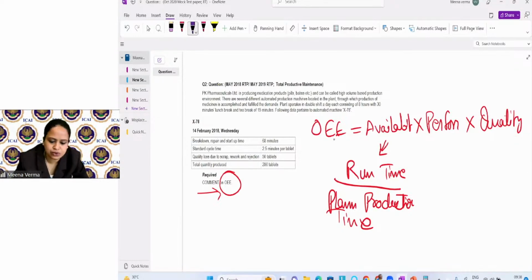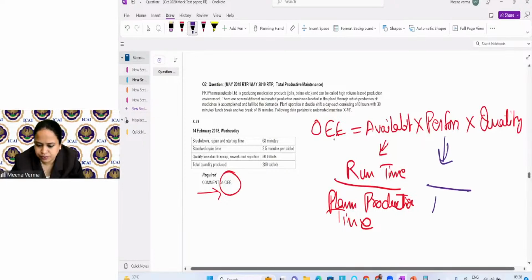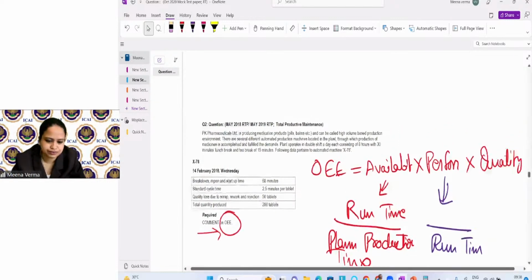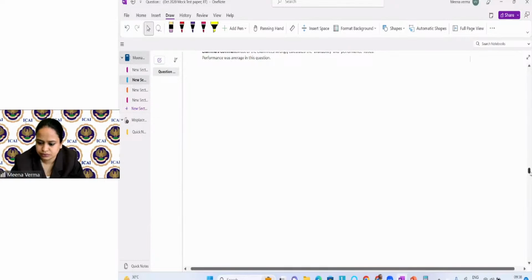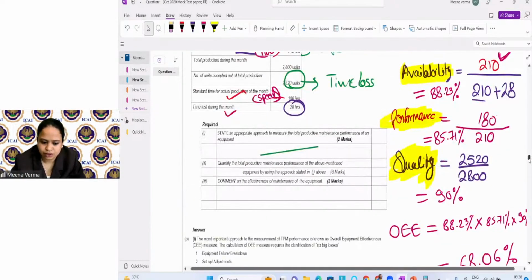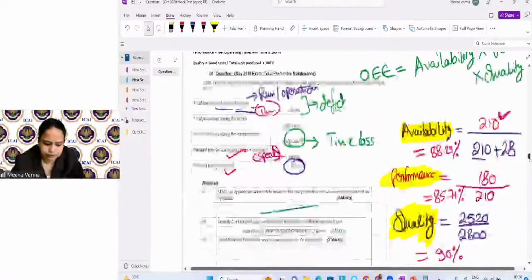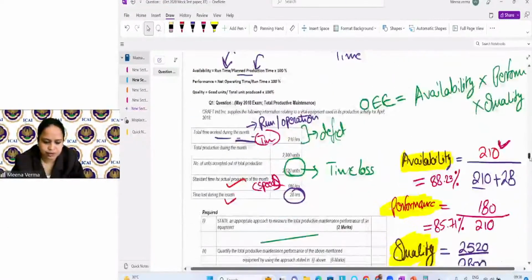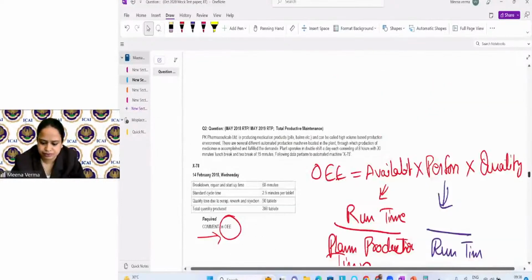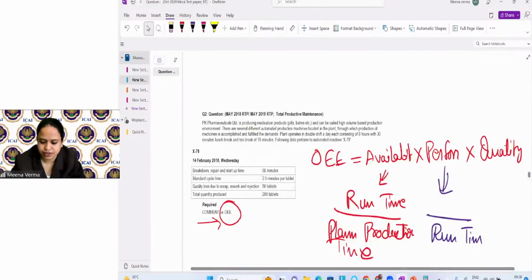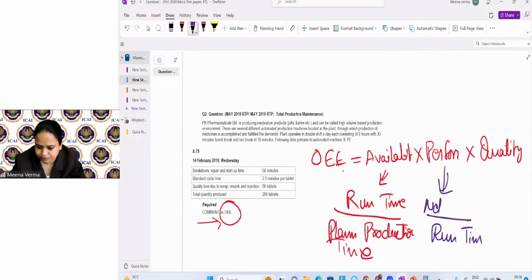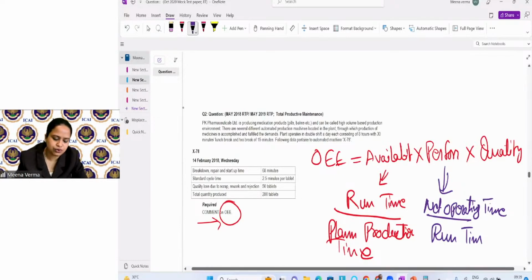Then performance is equal to net operating time divided by runtime, with runtime in the denominator. You have to learn it, and you have to practice to find these values.